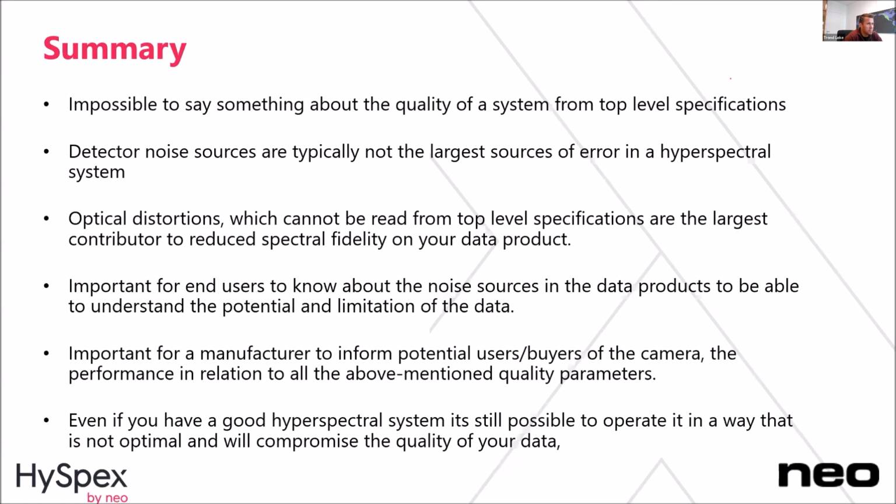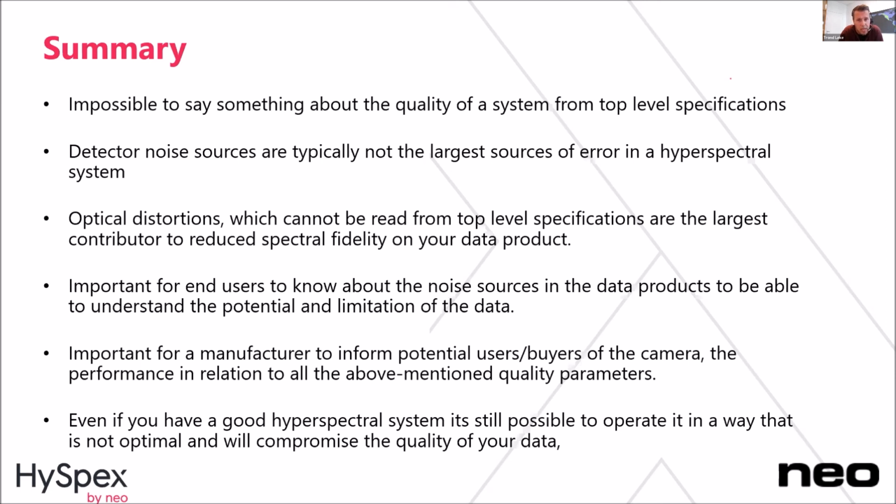So to sum up, it's impossible to say something about the quality of a system from the top-level specification. Detector noise sources are typically not the largest noise sources, but they are usually the only ones that are mentioned. But they are not the largest in a hyperspectral system.